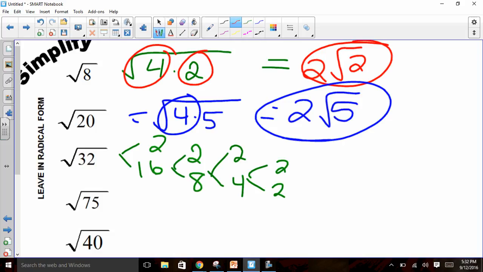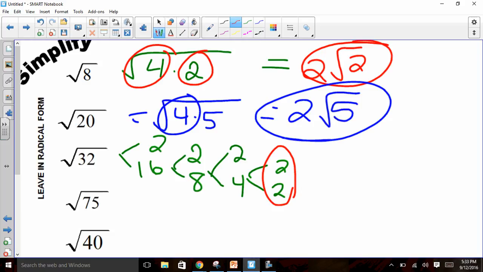You're probably thinking, well, what the heck? I don't understand what we're doing. This seems harder. The other way had less steps. What's going on, Miss Kimmy? You're freaking me out. The whole idea here is to find groups of the smallest number. I want groups of 2 because I'm dealing with square roots.